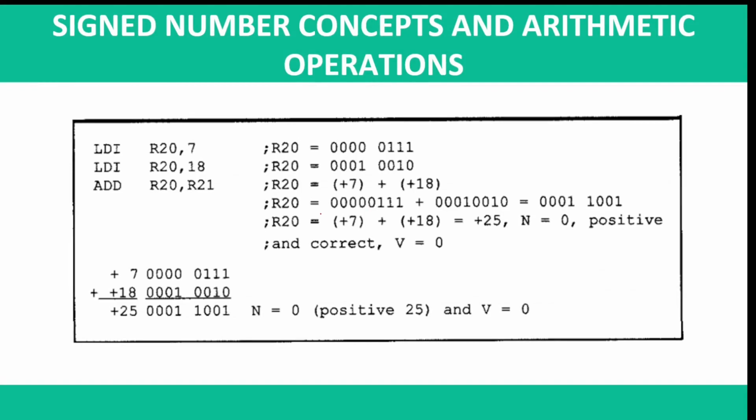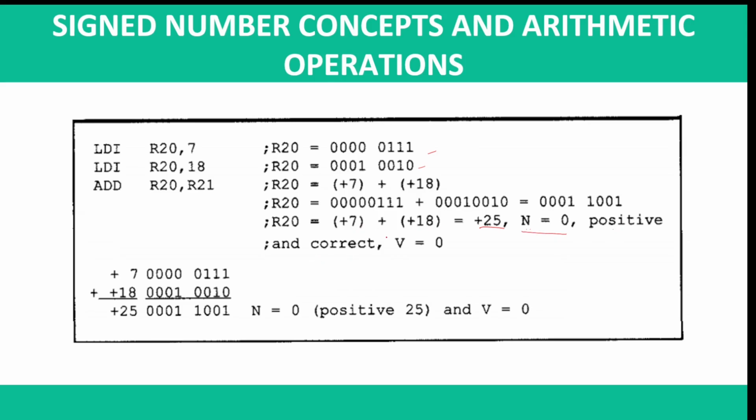Another example is for the positive values for the destination of the register R20. We have 7 and the source is 18. And having these values for this binary and adding them together will result to positive 21. And our N flag is equal to 0 since this is positive.